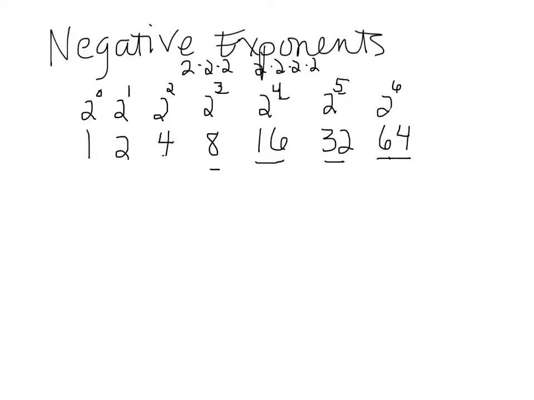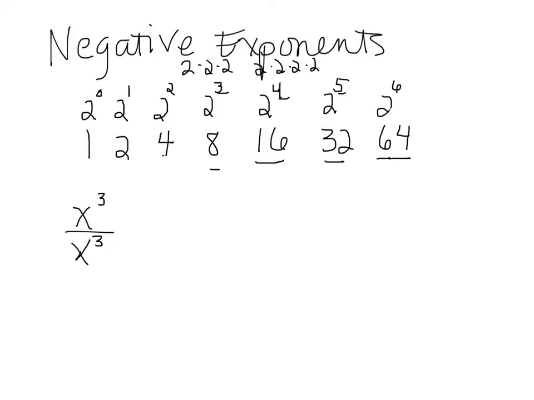And I do want to take a quick aside to say anything to the 0 power is 1. Let's look down at this example. If I say x to the third divided by x to the third, some time ago we learned that when we are dividing monomials that have the same variable, we can subtract the exponents.